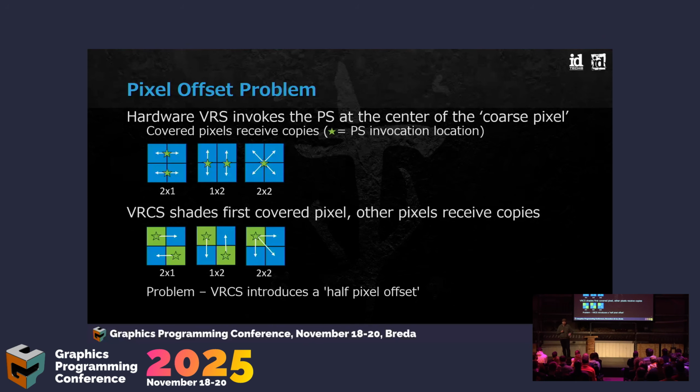And this avoids any kind of offset in the image. In VRCS, this is not the case. We were just picking one pixel, running the compute shader at that point, and then copying. So this produced a noticeable shift in part of the image. Very odd.